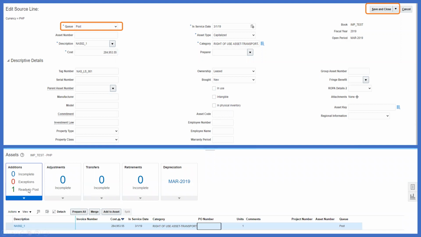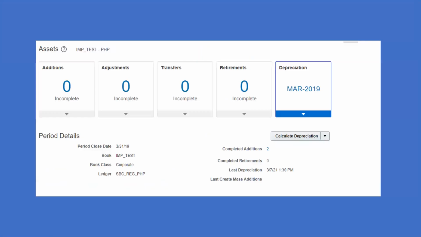The asset will move from incomplete to the ready to post queue. Click on, I think, Post the asset. Now the asset is posted, and the leased asset is created.